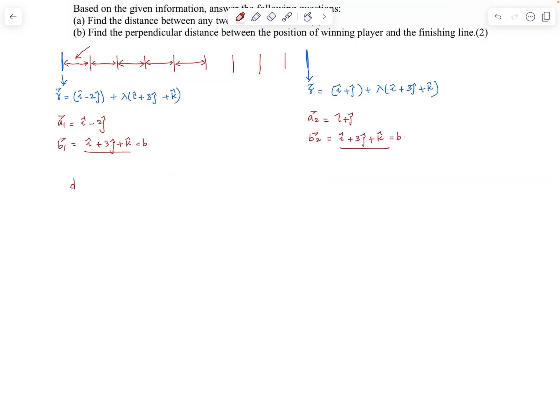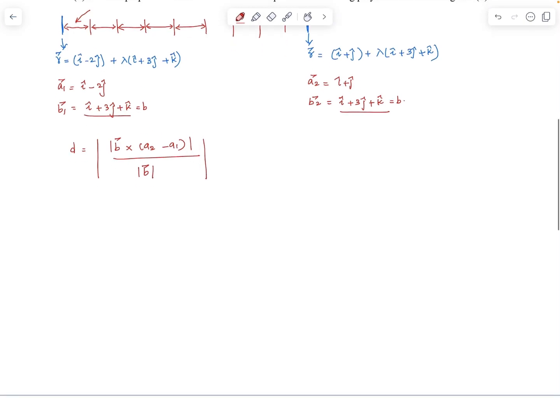To calculate the distance between these two lines, we use this formula: absolute value of the magnitude of B vector cross (A2 minus A1) by the magnitude of B vector. Here A2 minus A1 is 3j.